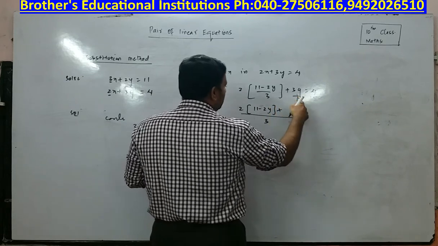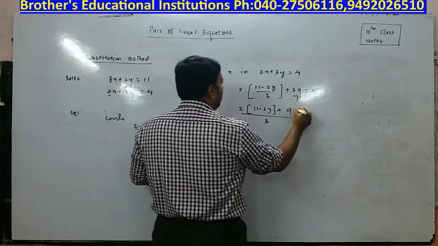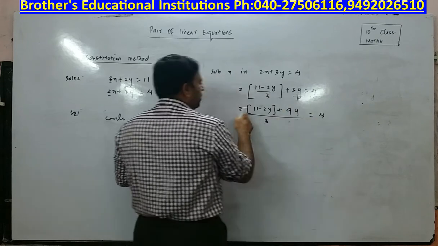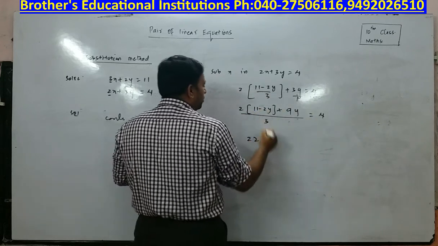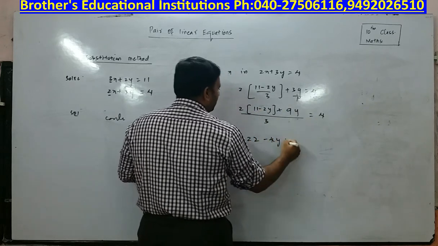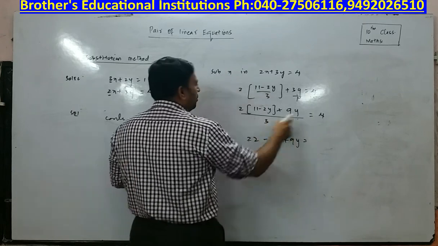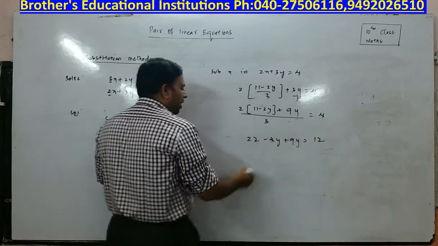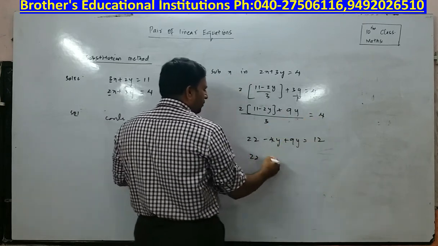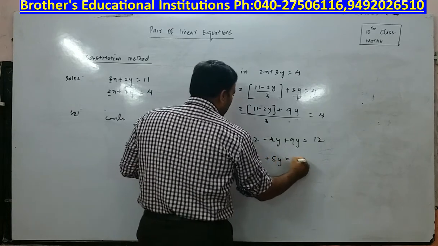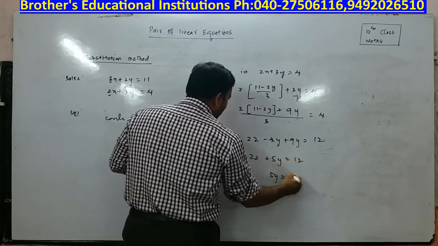Now 1 goes 3 times, 3 3s are 9y is equal to 4. 2 11s are 22, 2 2s are 4y, plus 9y is equal to 4 3s are 12. Now 22, 9y minus 4y, 5y is equal to 12.